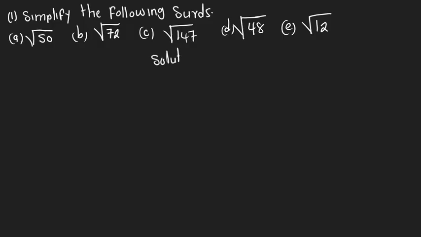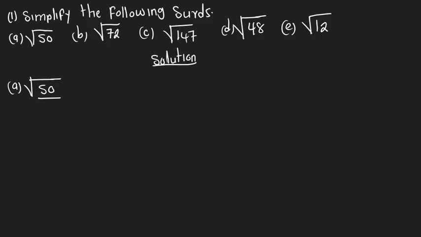Solution. If you are to start with the first one, let me make mention. Whenever you are dealing with surds and you have been given a square root, you have been asked to simplify. What is important is to always start by inserting a small number into what is inside.